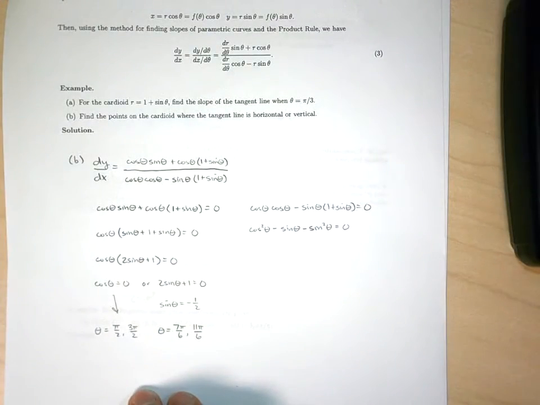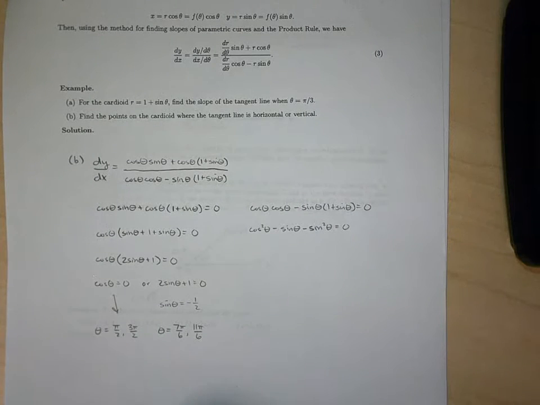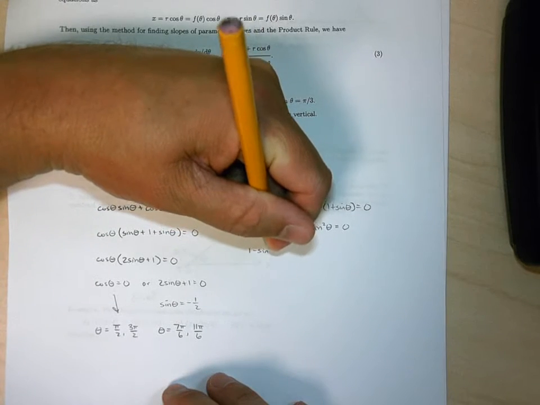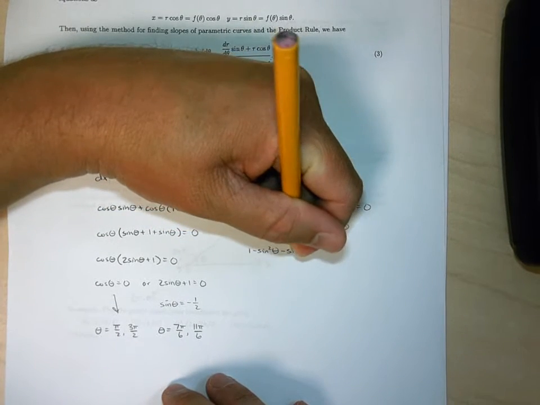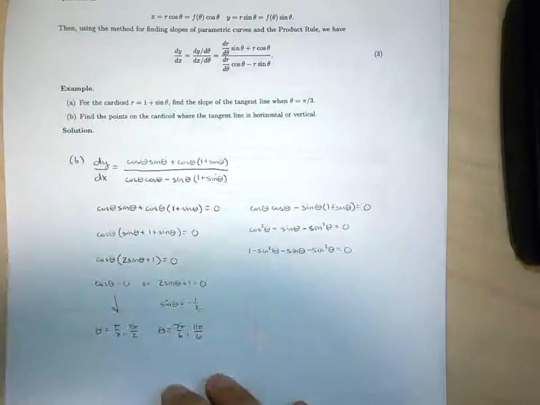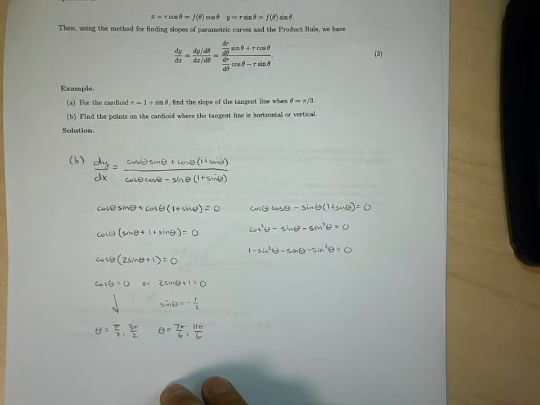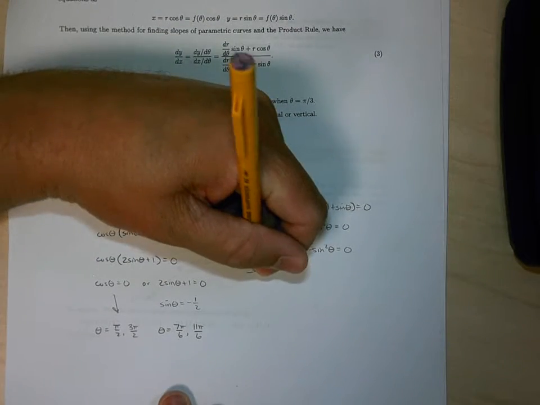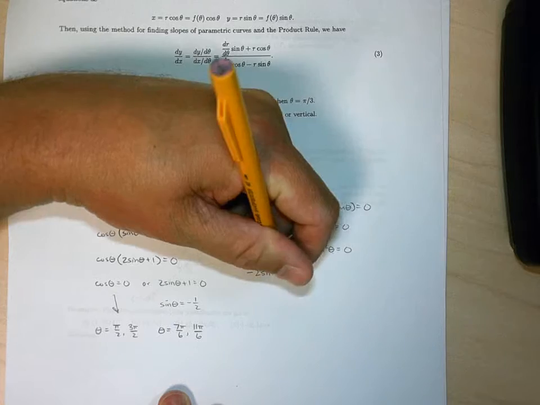It's difficult to solve this equation in its current form because we have different trig functions and it's not factorable. So let's change cosine squared theta into 1 minus sine squared theta. Now we have everything in terms of sine theta. Note that negative sine squared minus sine squared is negative 2 sine squared theta.